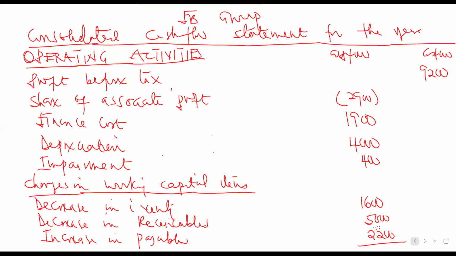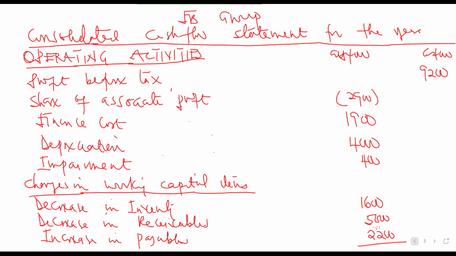So let's put these figures together and get our items there. So 20,200 plus 5,000 plus 1,600 plus 4,400 plus 1,900 minus 2,900.